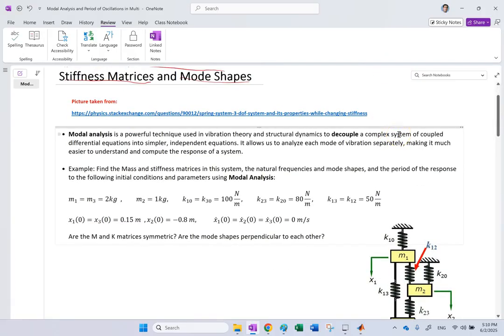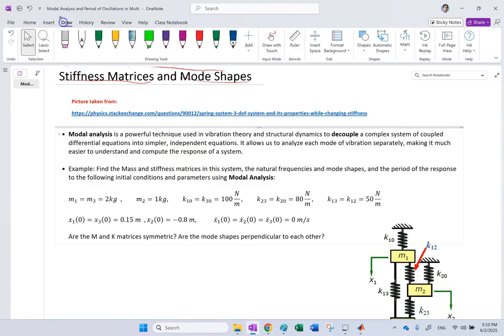First, what is modal analysis? Modal analysis is a technique to decouple the equations of motion of a complex system like this, which has three separate ODEs, but the ODEs are coupled. If, as we're going to see, each ODE, for instance, if you look at the motion for x1, you also see in it x2 and x3.